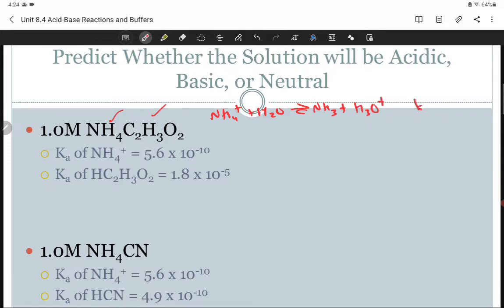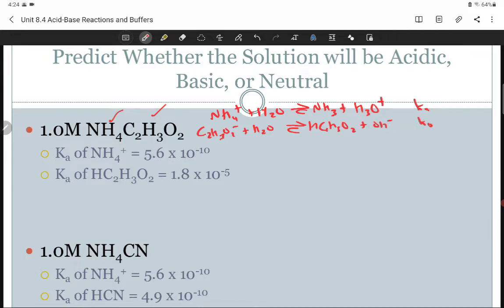Okay, so that's going to be a Ka reaction. We would need a Ka to talk about that. And then the acetate makes base, so we would need a Kb for that one.